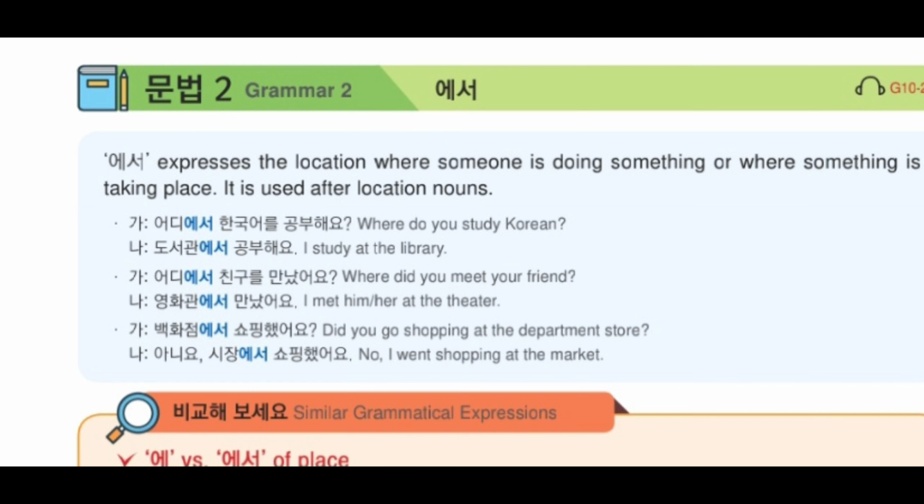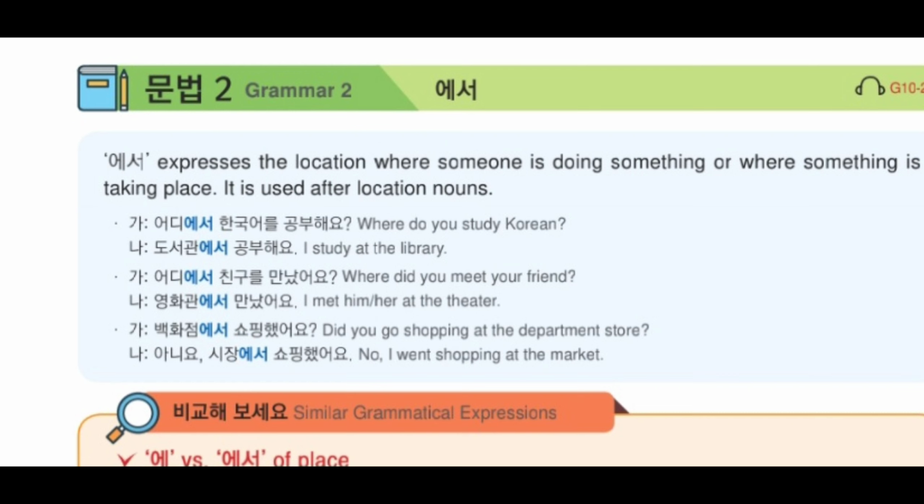And this is what we use when we say what Rihan is doing at the office, as in Rihan is working at the office. That's when we use 에서.